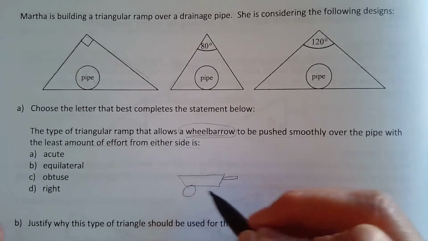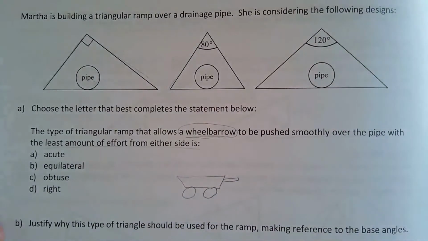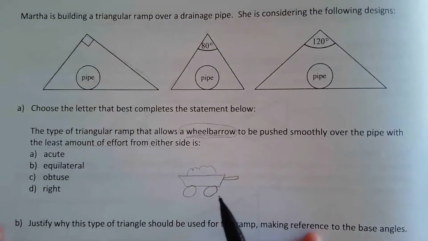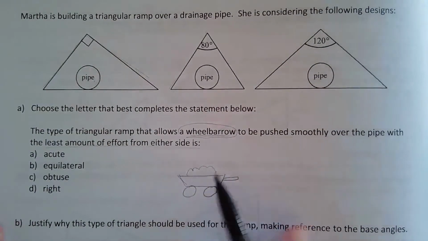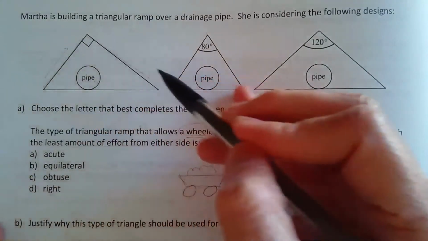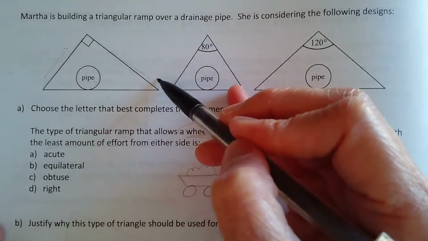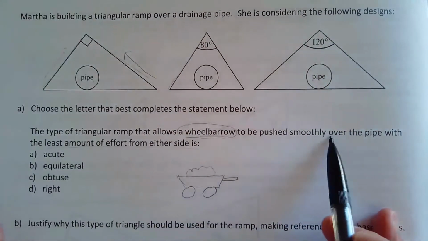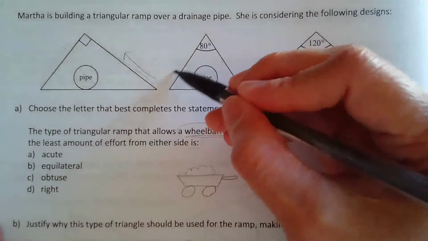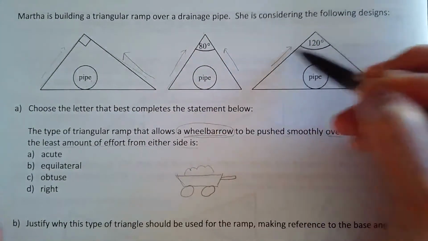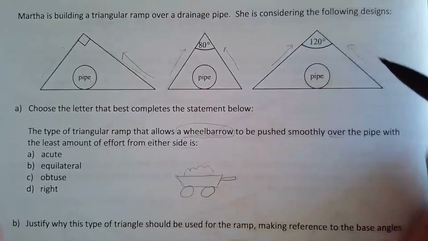So you want to put some stuff in there. If this is a wheelbarrow that we're going to push up and then down, which one's going to give me the least amount of effort if I push the wheelbarrow up?